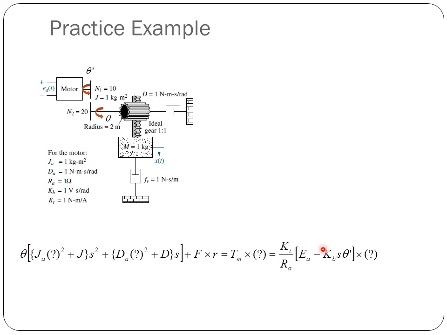So this theta dash should not appear on the right side of the equation. Rather, we should convert this theta dash into theta, and then we should move it to the left side of the equation.